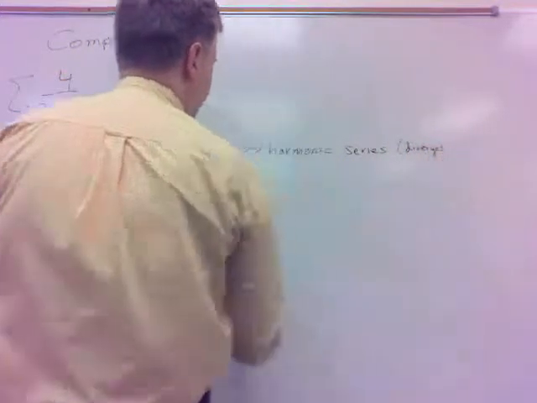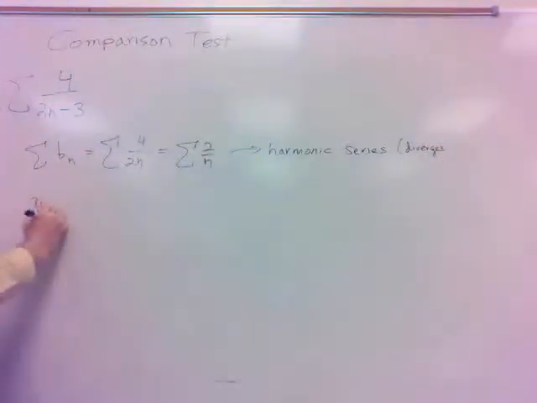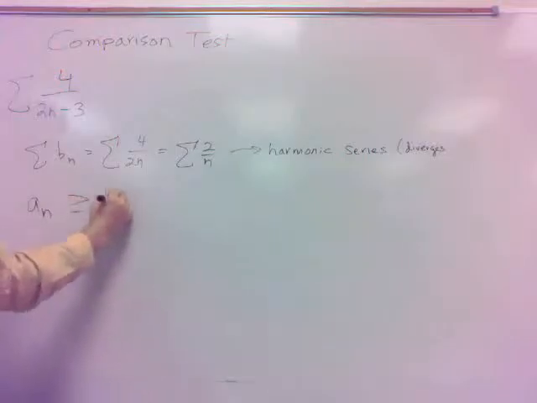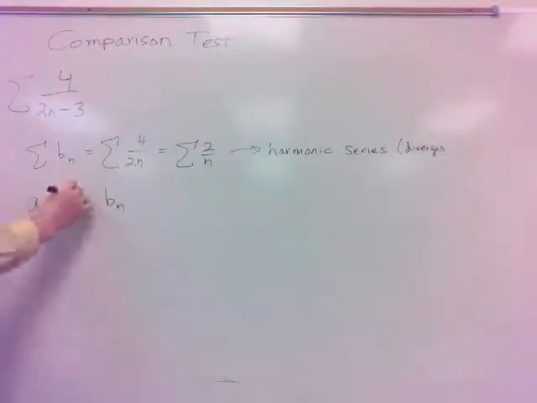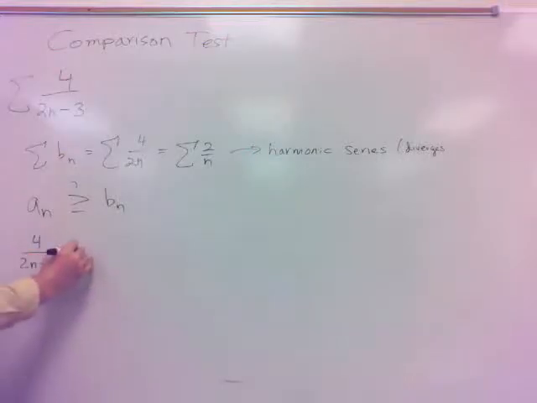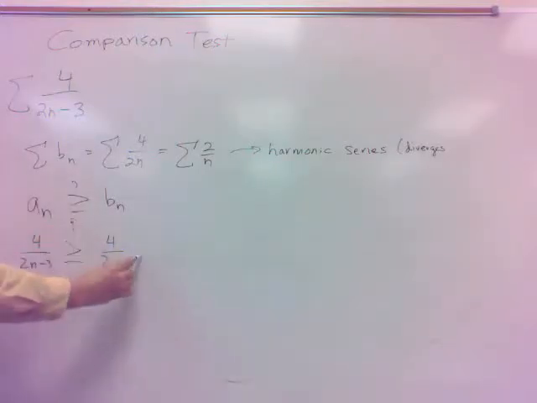Well, for the comparison test to work, then we need greater than, right? A sub n greater than B sub n. Is that true? Well, A sub n, 4 over 2n minus 3, 4 over 2n. This has a smaller denominator, so this would be bigger than that, which is what we need. Check.